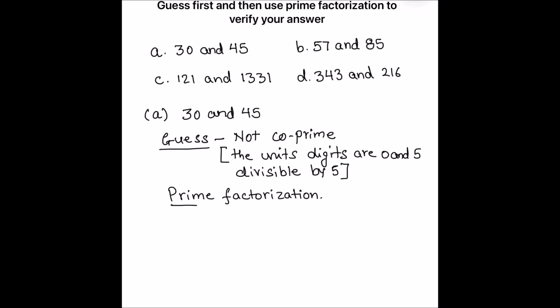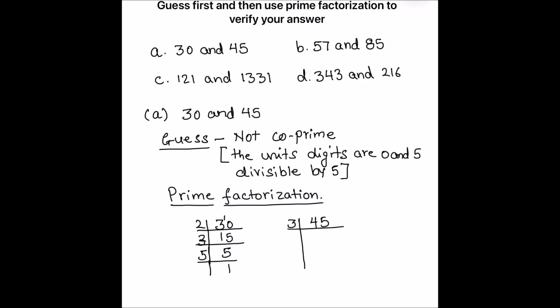Now we'll do the prime factorization and verify whether they are co-prime or not. So prime factorization of 30 and 45. Let's do the prime factorization of 30 first. 2 times 1 is 2, 1 is remainder, this becomes 10, 2 times 5 is 10. Next we'll divide by 3, 3 times 5 is 15 and 5 times 1 is 5. And here we are going to find the factors of 45.